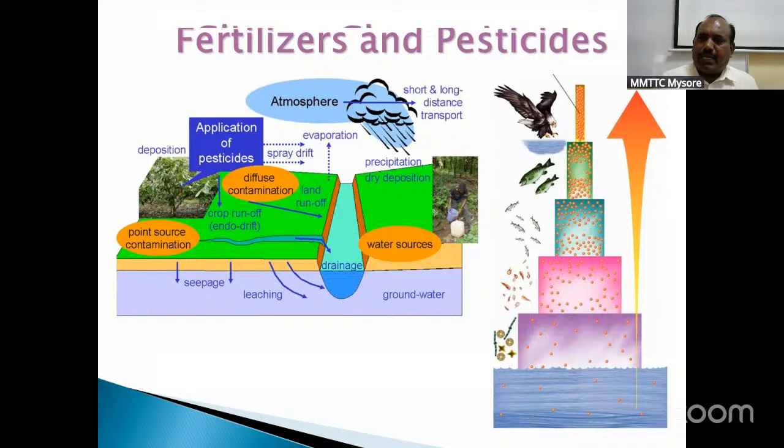Ultimately, in this food chain, the accumulation of these components or metals, whatever they may be, increases from producers to consumers and carnivores. That is why man in the food chain is a highly bioconcentrated or biomagnified example, or even the eagle, which feeds on animals. Moving from producers to consumers, these metals or compounds concentrate, and biotransformation takes place in higher trophic levels when compared to lower trophic levels.